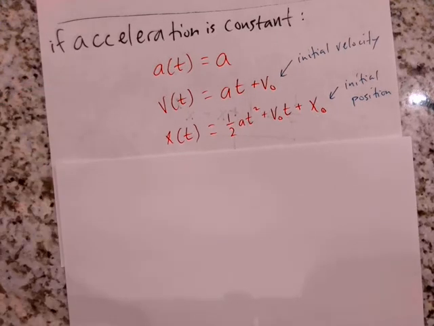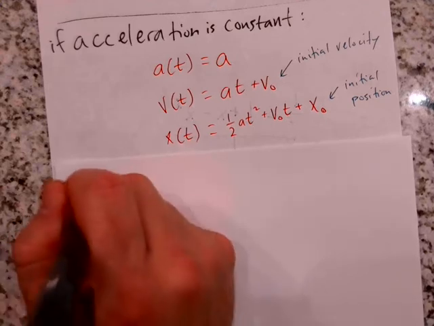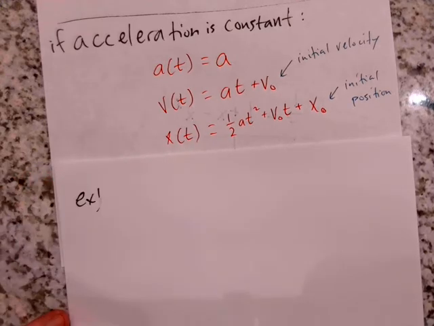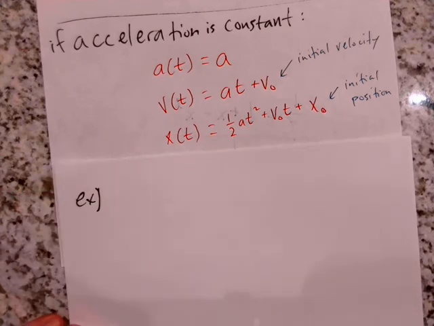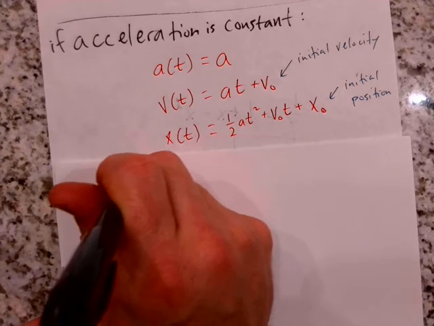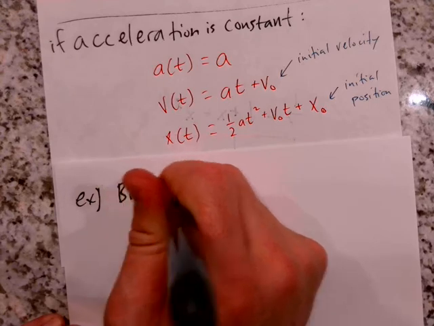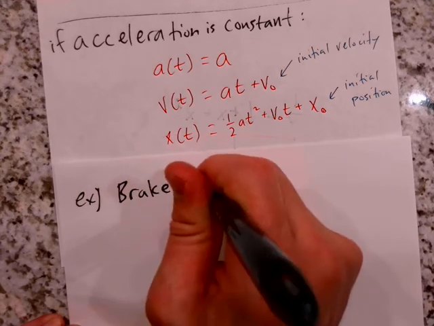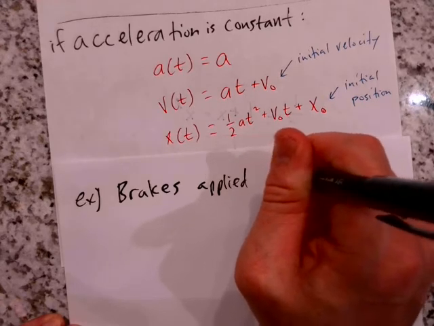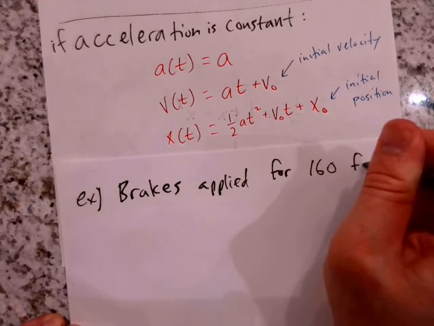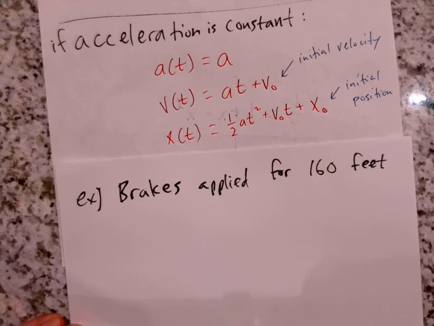Let's instead do a question about like a car accident scene maybe. So for example, let's say you have some car and you know that the car screeched to a halt and that the brakes were applied for 160 feet, which you can tell from the skid marks on the street.